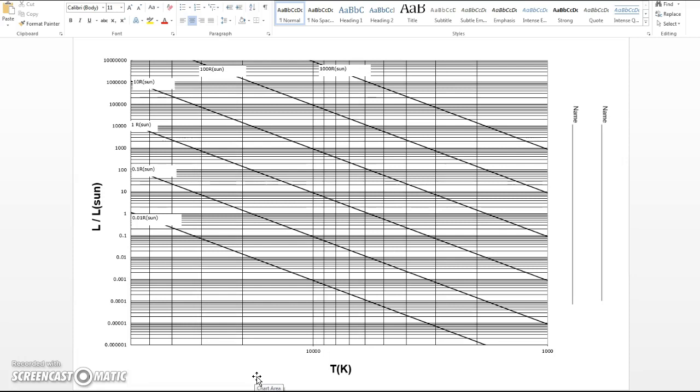So if we just had a scale that went from 1,000 to 60,000 kelvins with an even spacing between each temperature level, the graph would have to be as big as your kitchen wall to fit all the data on there. So to get it down to a reasonable size, we use this logarithmic scale.